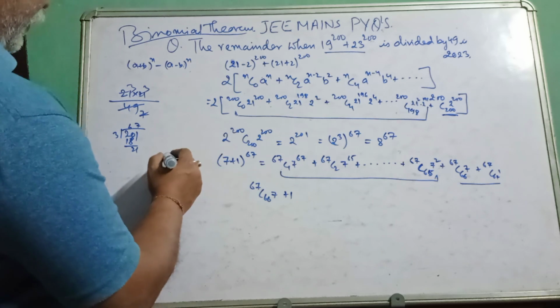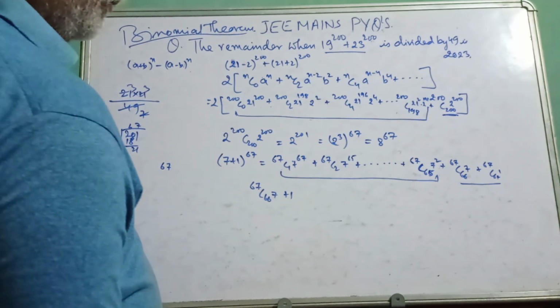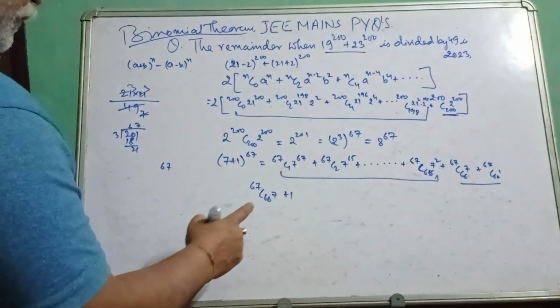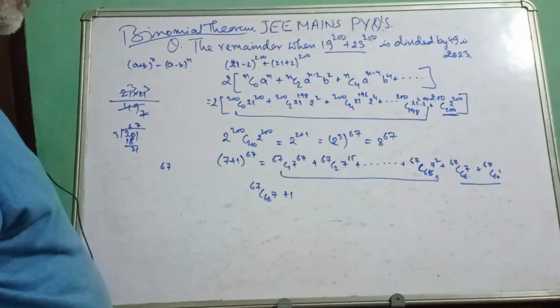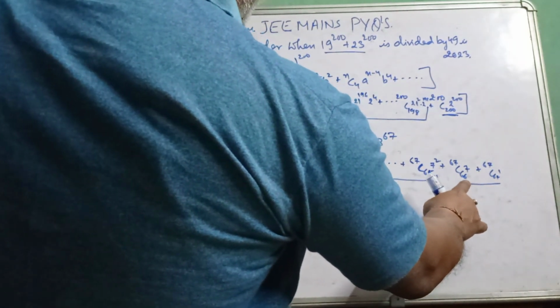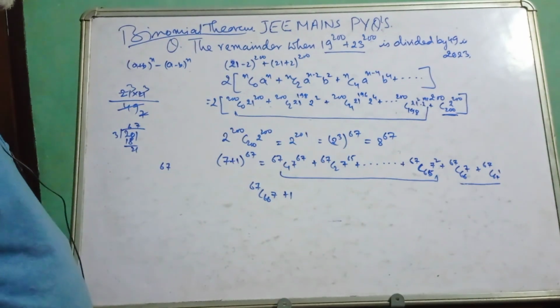So this will be 67 times 7 plus 1. The last term is 1.